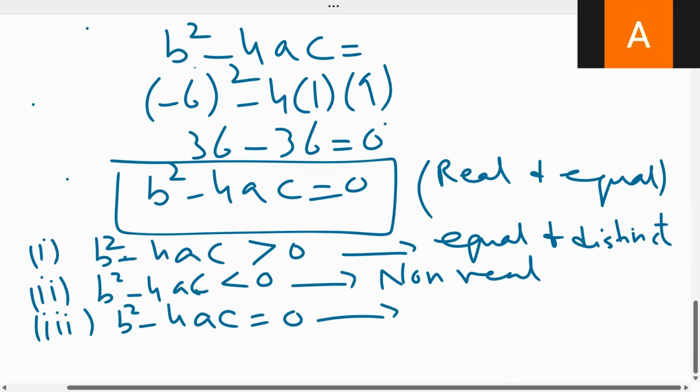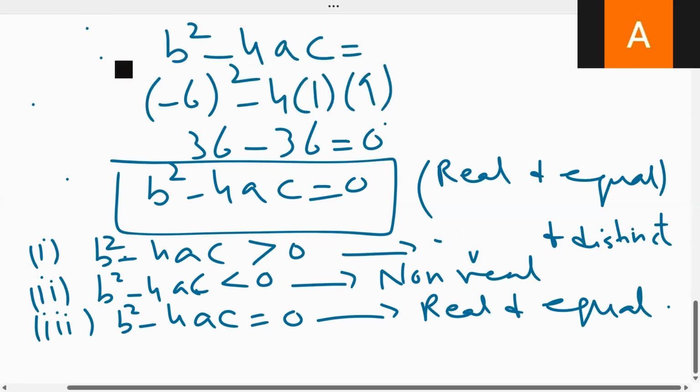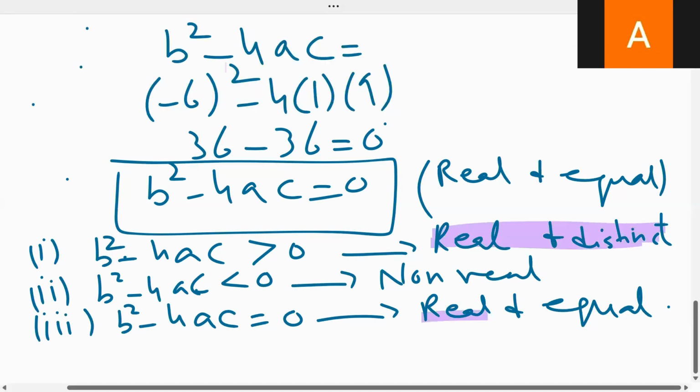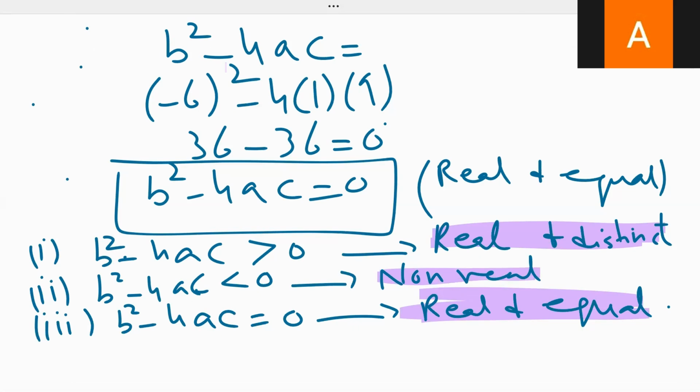It shows that roots are real and equal. So this is real and distinct, not equal and distinct. So you have to memorize these three conditions: real and equal, real and distinct, and non-real roots. So memorize these three conditions to solve the question.